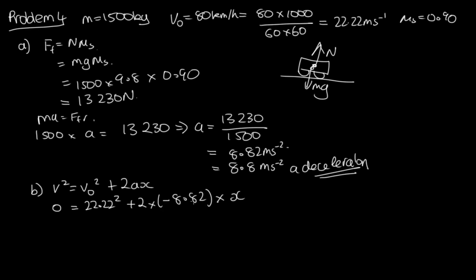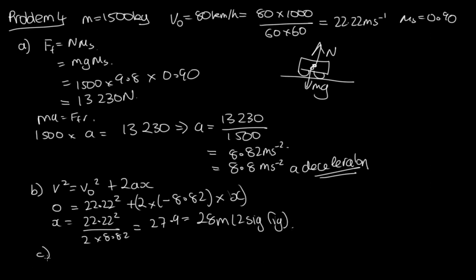And so we can move this part over to the right hand side and then divide by the 2 times 8.82, and we have x is equal to 22.22 squared over 2 times 8.82, and solving that on the calculator we end up with 27.9, which is equal to 28 meters to 2 significant figures.